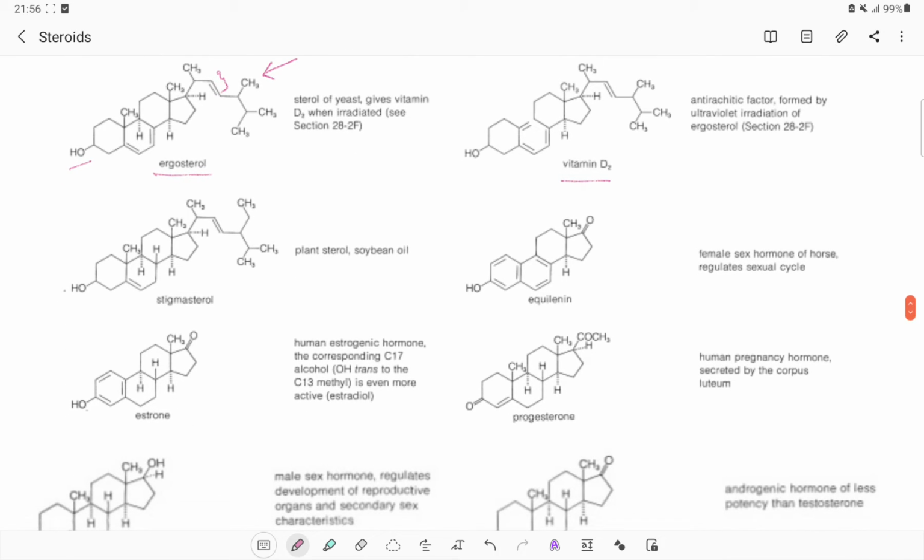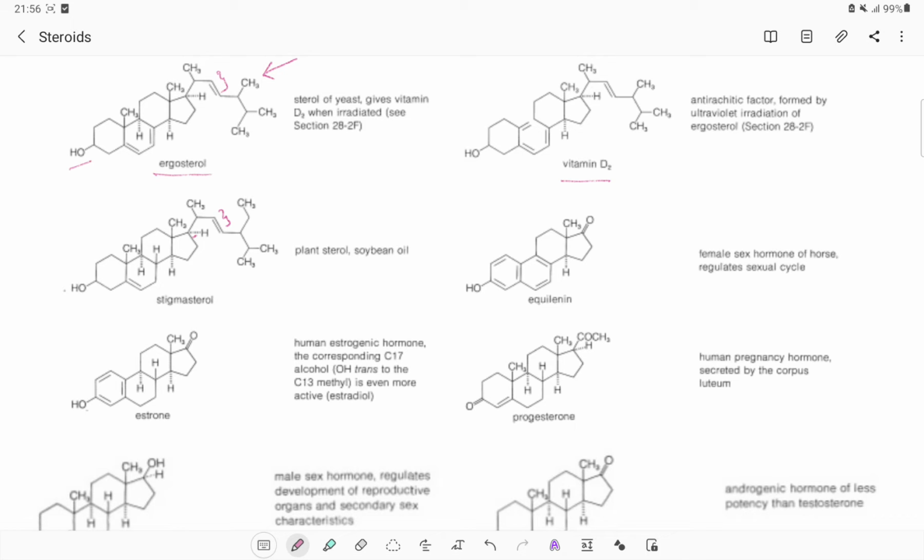Then comes stigmasterol. Stigmasterol is again similar to the cholesterol system, but there is a C double bond C in the long chain after the C17 carbon atom. Here is the C17 carbon atom that we are observing. It is a plant sterol and is found in soybean oil.